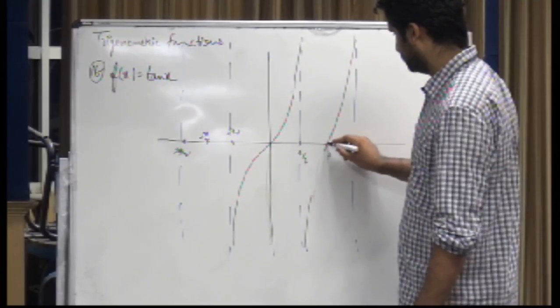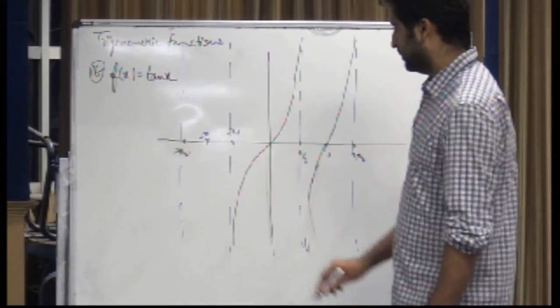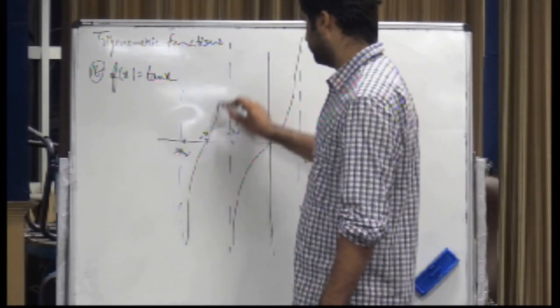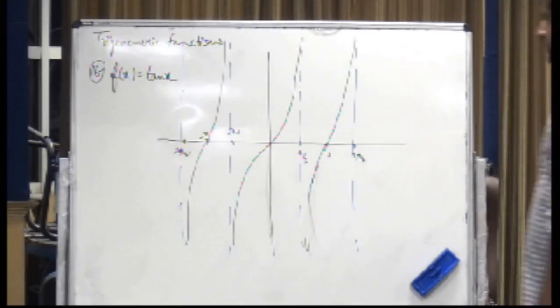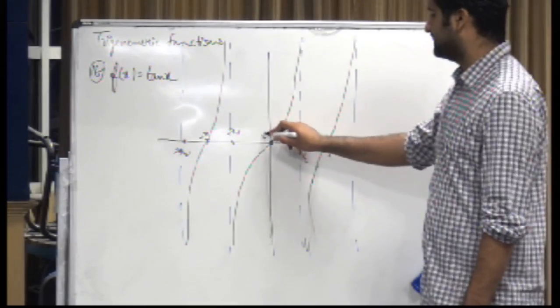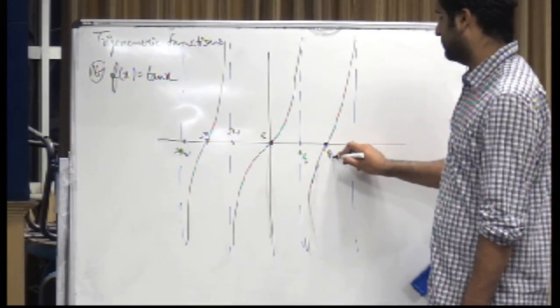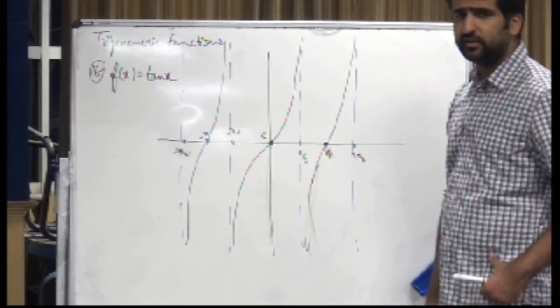And similarly here. So at 0, pi, minus pi, 2 pi, for all such values, it is becoming 0.